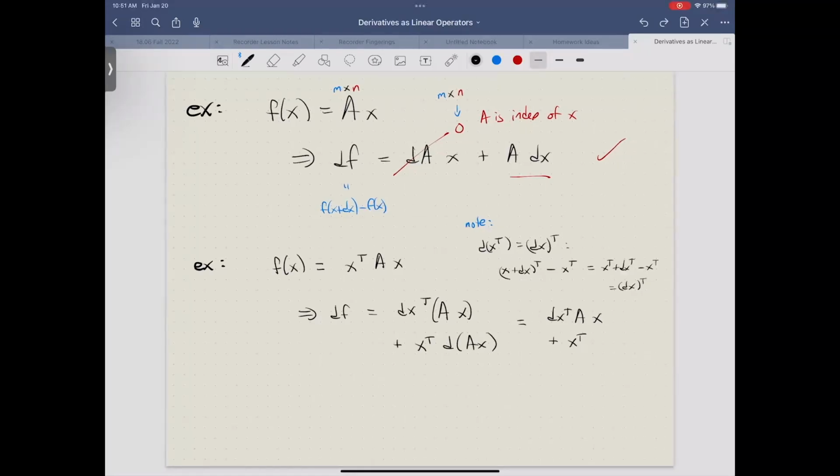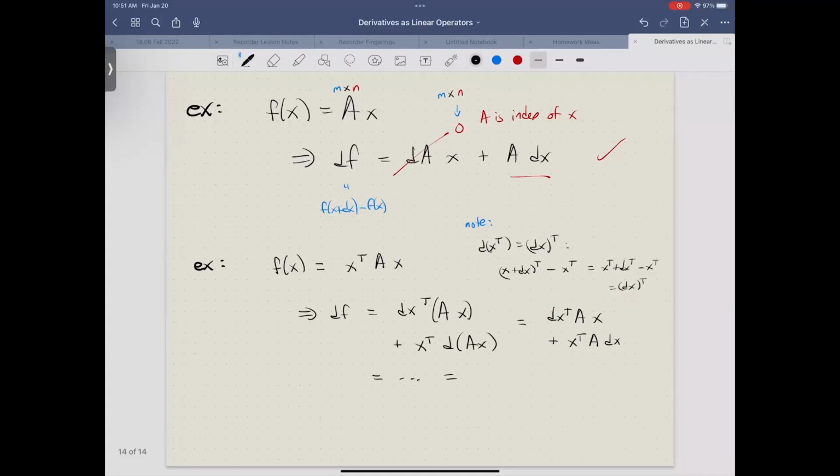Yeah. And d Ax is product rule again, but I just did that, so it's A dx. And then we use the same trick as before: this term here is a scalar, so I can just transpose it and get the dx on the right.